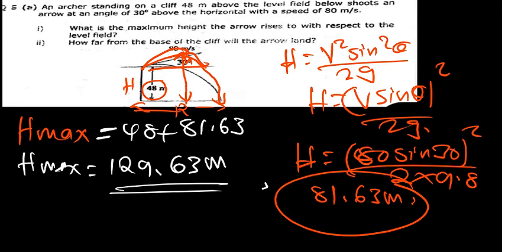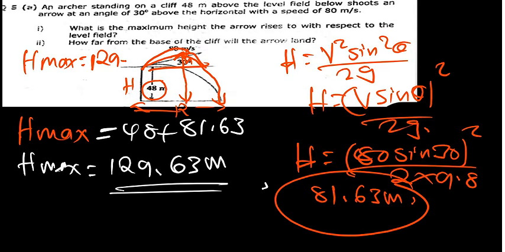Okay. The second question is saying, how far from the base of the cliff will the arrow land? What are they asking? The range. Now allow me to put this h max here. H max we have said is 129.63.